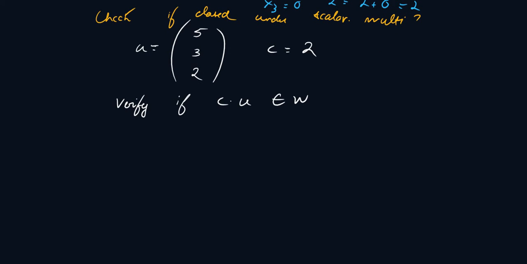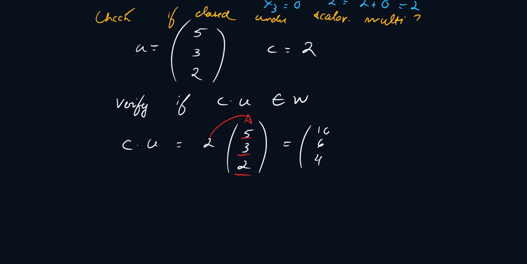What we have to do is the scalar multiplication. So c times u is equal to 2 times (5, 3, 2). This is a pretty easy multiplication. I just multiply each component, 5, 3, and 2, by 2. So 2 times 5 is 10, 2 times 3 is 6, 2 times 2 is 4.